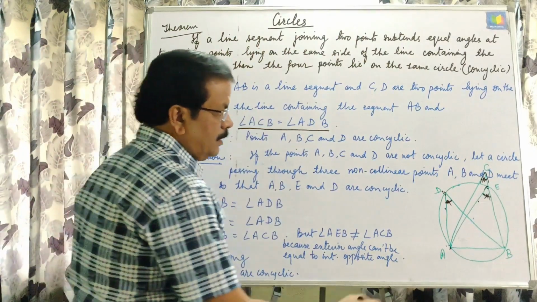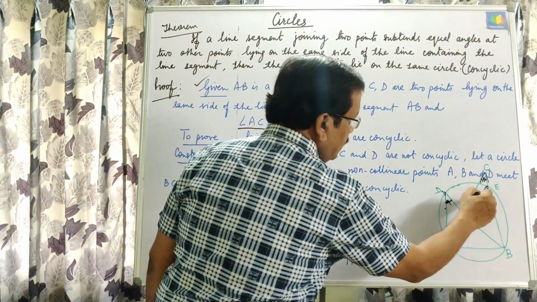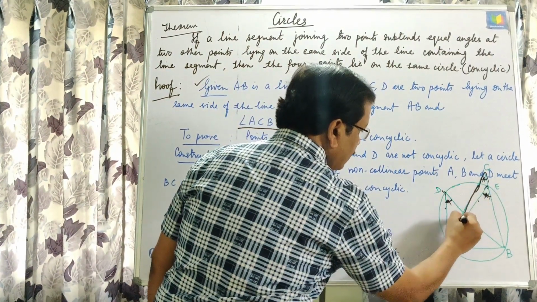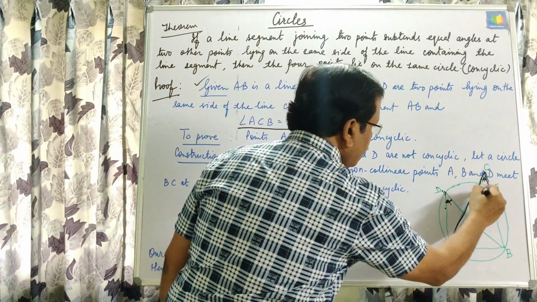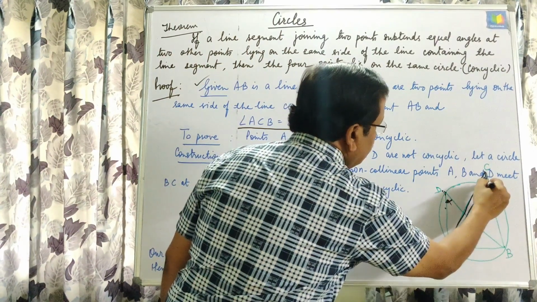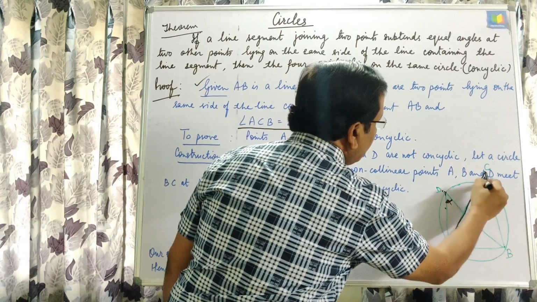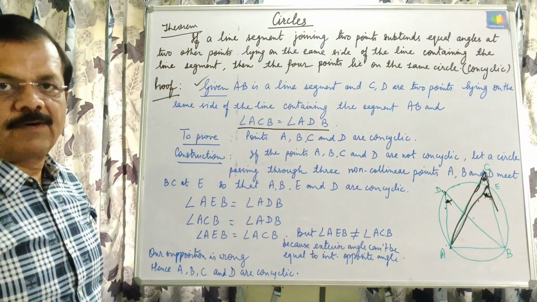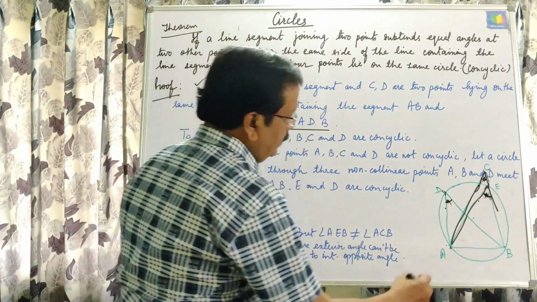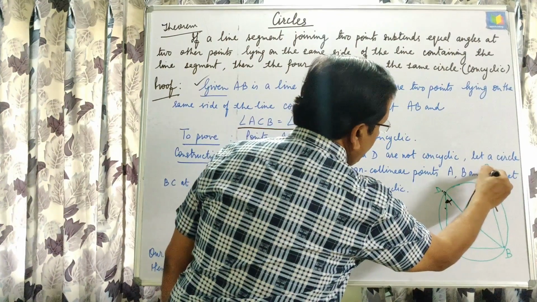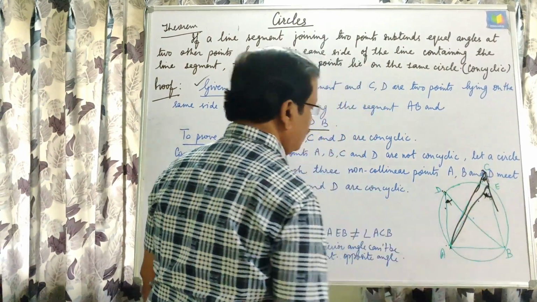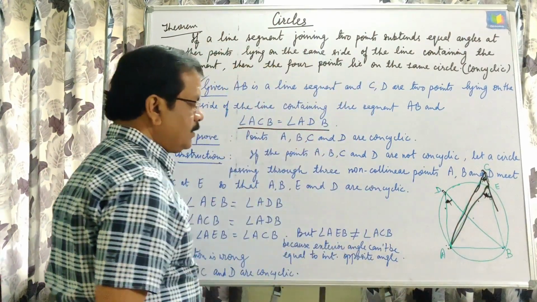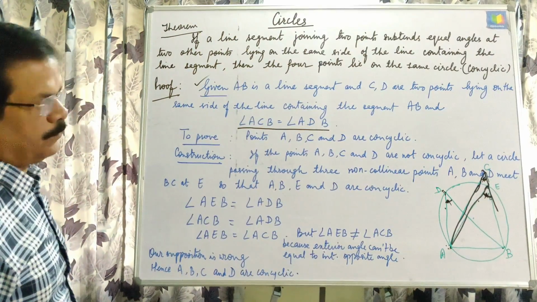But this angle AEB is not equal to this, because once we consider this triangle, in this triangle you can see this produced side, means the exterior angle, will not be equal to the opposite interior angle, and that is why our supposition is wrong. Then this point will lie here on the circle, and that is why ABCD will be concyclic, and this is what we have to prove.